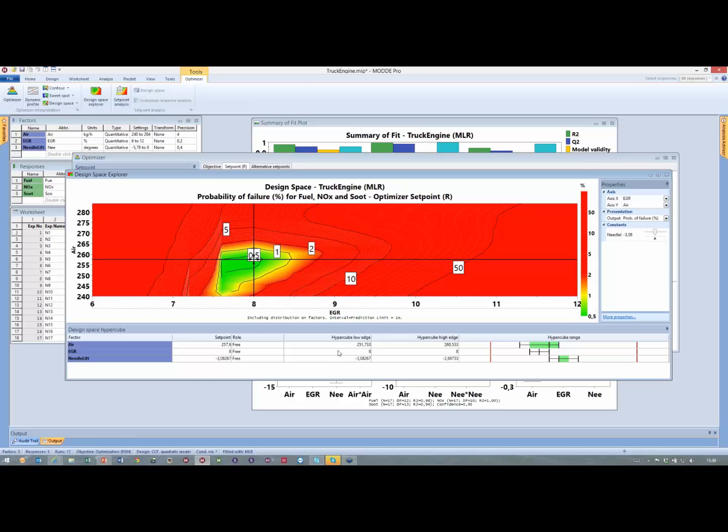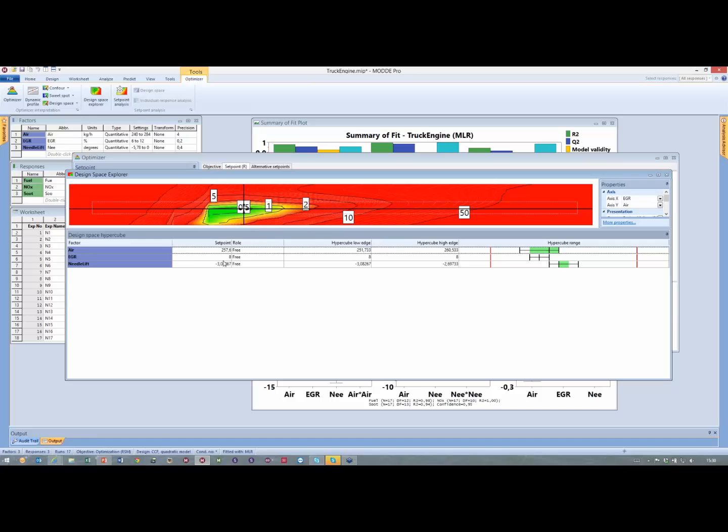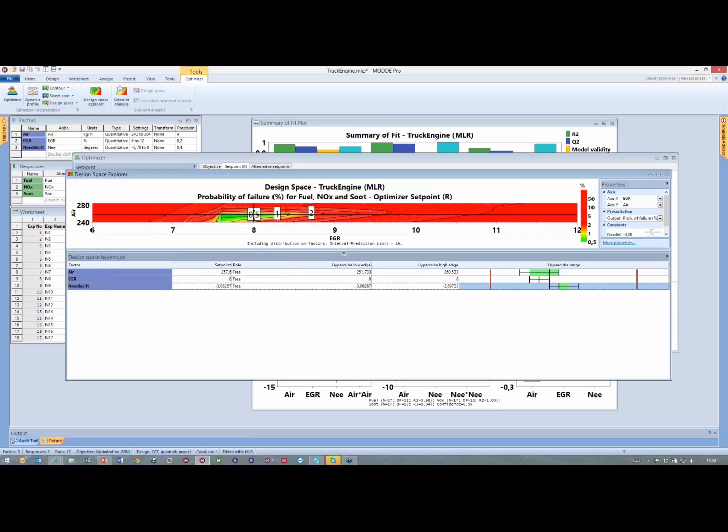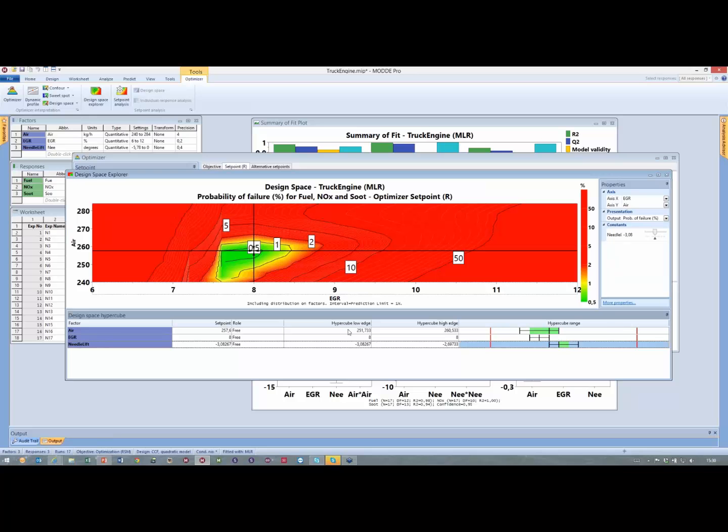Down here we also have more information on the exact coordinate that has been found, and we also have ranges for the factors, what is called the hypercube low edge and high edge, and we also have that visualized over here.